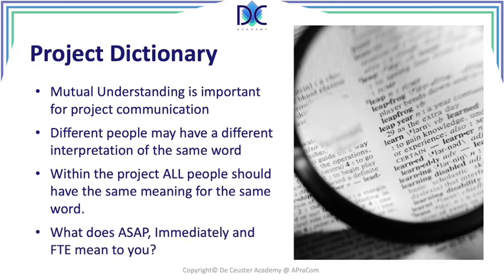For example, we have ASAP or FTE. FTE, in the case with one of my colleagues, they called it a full-time equivalent. But in the case where we had the discussion, it was a field terminating equipment, which is something different. We have the same abbreviation, but they mean something different.